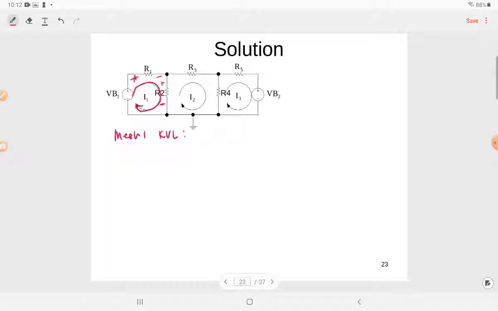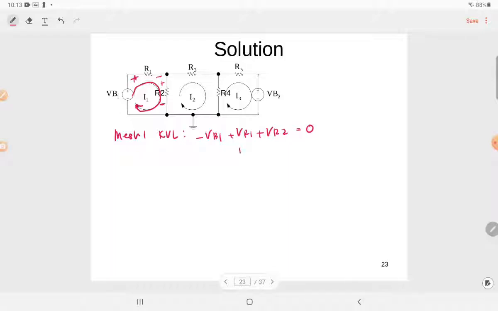So our KVL equation can be written as negative VB1 plus VR1, the voltage drop across R1, plus VR2 is equal to 0.